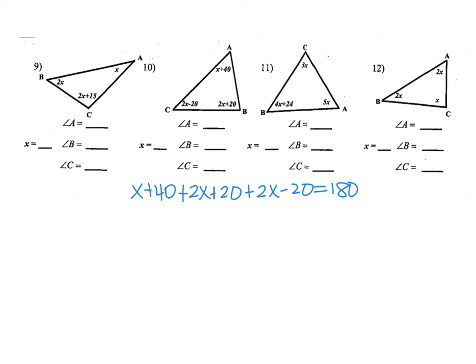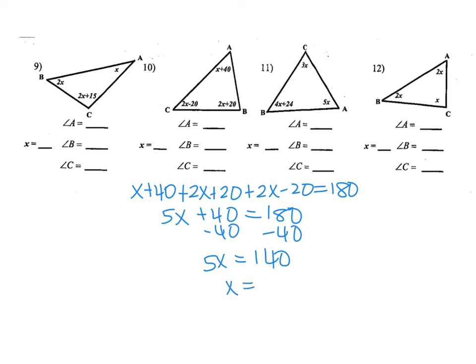All right, when we combine like terms, we get 5x plus 40 equals 180. I'm going to subtract 40 on both sides. 5x equals 140. That means that x is equal to 28.